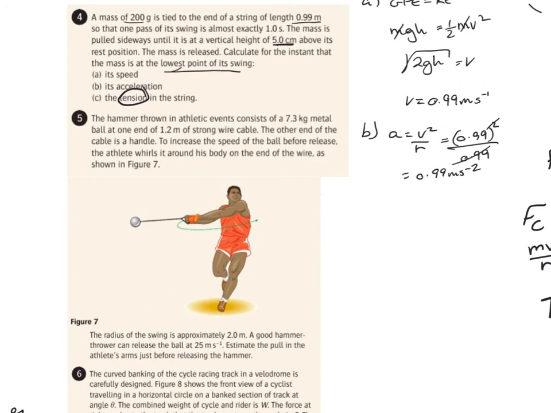The hammer thrown in athletic events consists of a 7.3 kilogram metal ball at one end of a 1.2 meter length of strong wire cable, so that's the radius. The other end of the cable is a handle. To increase the speed of the ball before release, the athlete whirls it around his body on the end of the wire, as shown in figure 7.